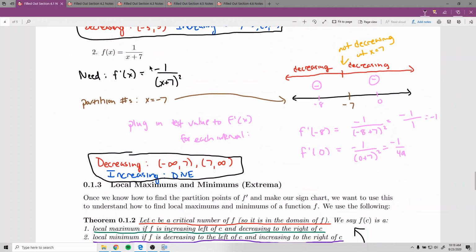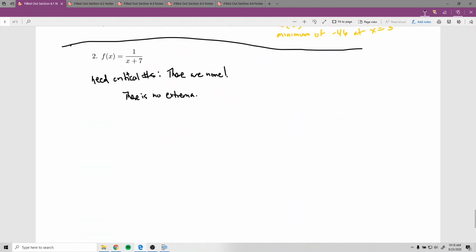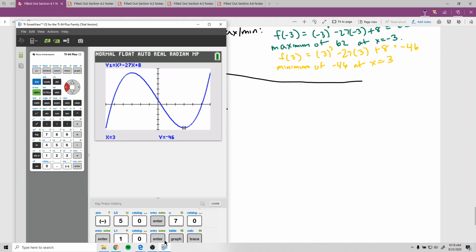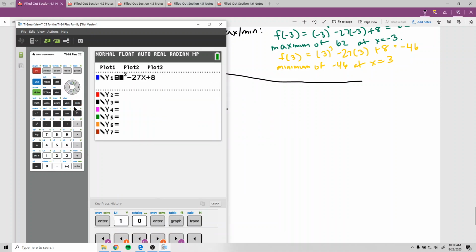So if we had this problem set up the same exact way with no critical numbers, but this went from decreasing to increasing, it would still be D and E because there are no critical numbers. But you can graph this and kind of explain the difference here. So the critical numbers you can see actually on the graph. Now if we graph 1 divided by x plus 7, which was our function.